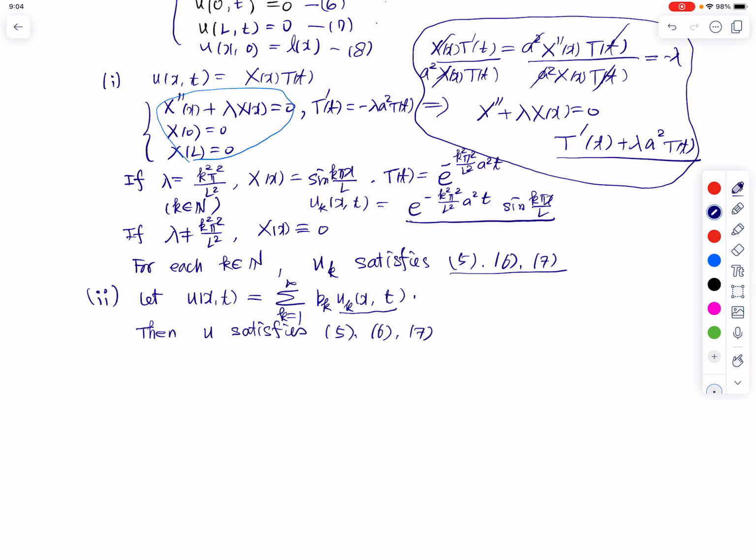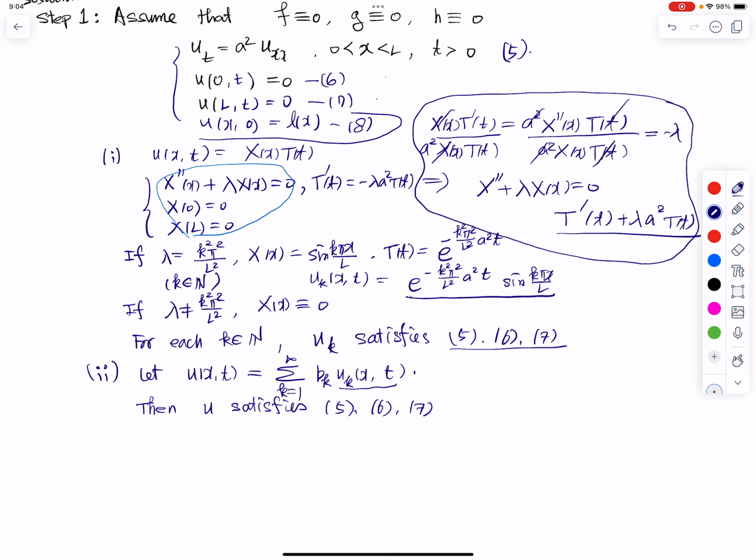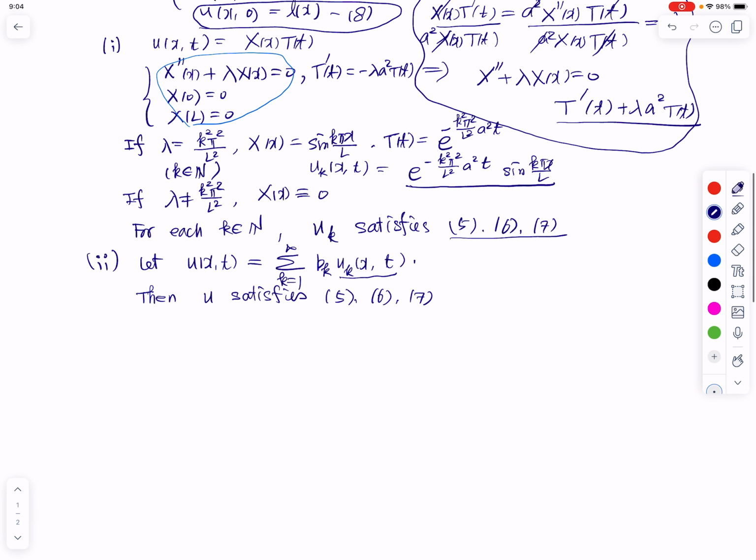So in order for you to satisfy condition 8, from condition 8, u(x,0) should be Lx, and then this will be the summation k from 1 to infinity of bk uk(x,0).